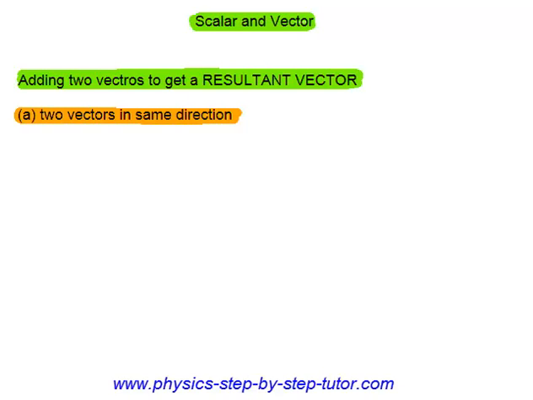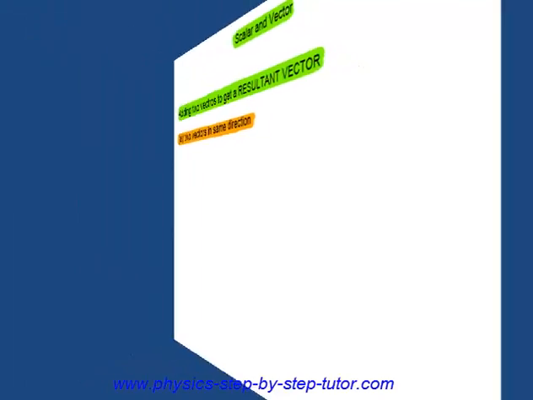Let's assume we are given two vectors acting in the same direction. And here, I want to consider the vector force, because force is a vector. So we are going to add two forces which act in the same direction. Over here we have a grid, and let's assume we have this force here.